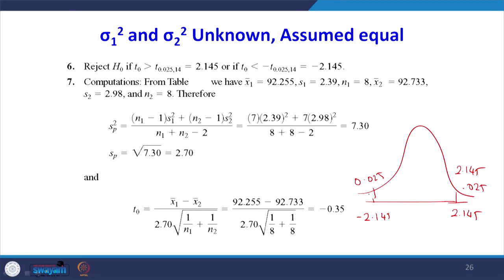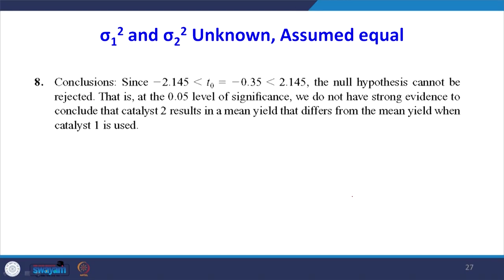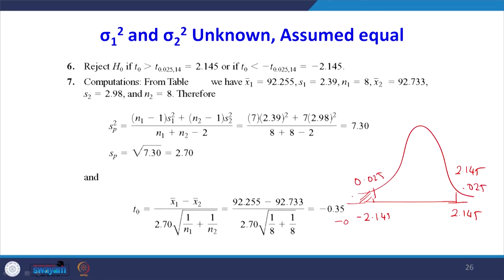Obviously, we have to locate the rejection region. The calculated t value is minus 0.35, which is greater than minus 2.145, so it lies on the acceptance side.